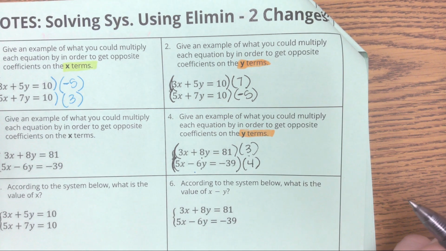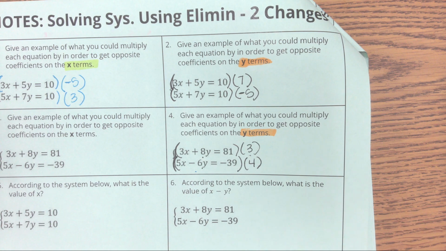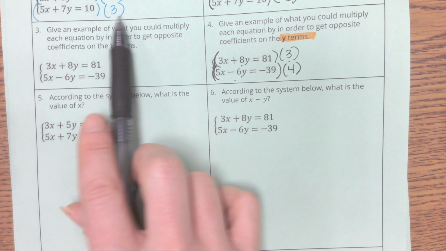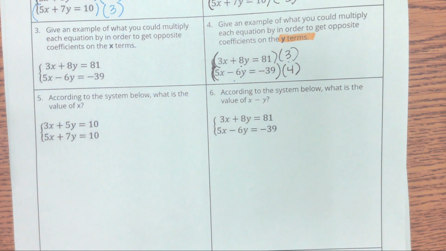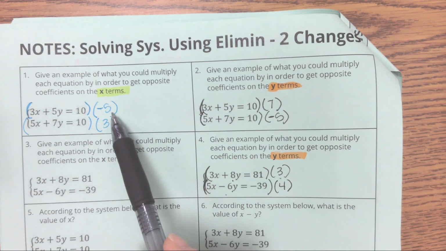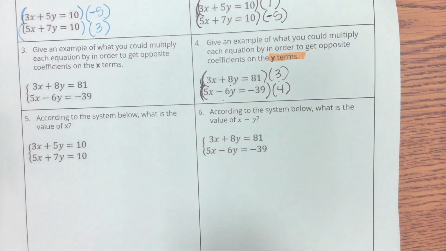Okay, let's try one. Let's try number 5. 5 was the one up above, so I'm going to use your advice from above. I'm going to multiply the top by -5 and the bottom by 3. Let's do that.